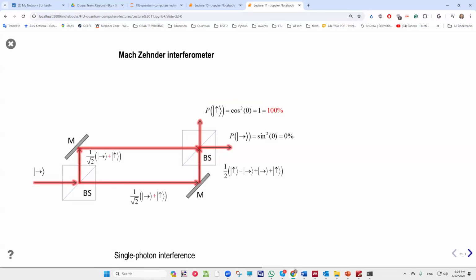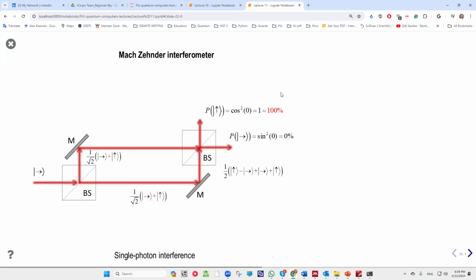But if you remove this absorber, we now don't know which way the photon went through the first beam splitter. We have to consider these two options simultaneously, and these two opportunities interfere in the second beam splitter, and this leads to another result.